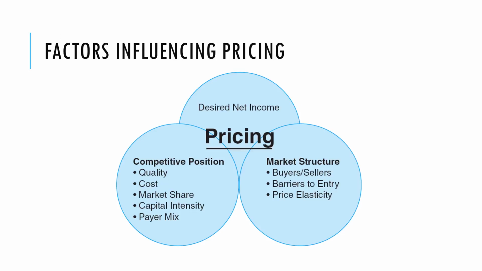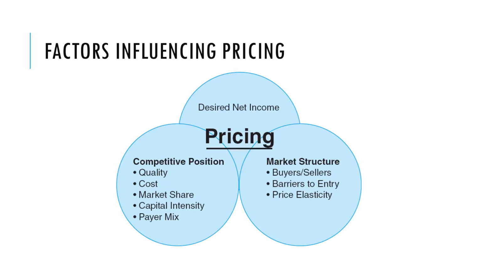At the top, we have the desired net income for the company. And the organization has their own competitive position, which is influenced by the quality of care that they provide, their ability to manage cost and drive costs down, the amount of market share they have within their market, how capital intensive the services they're providing are, and then their payer mix.